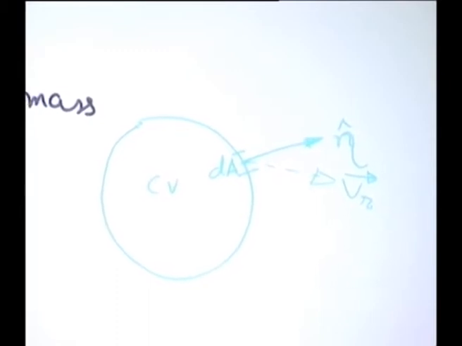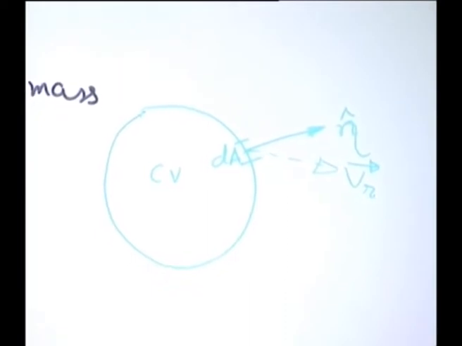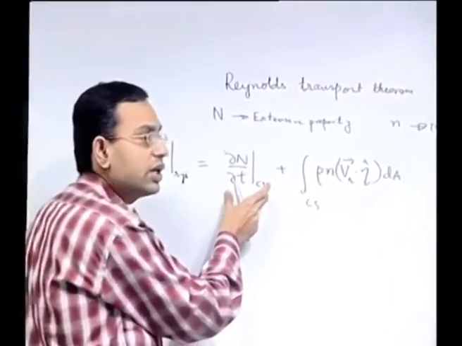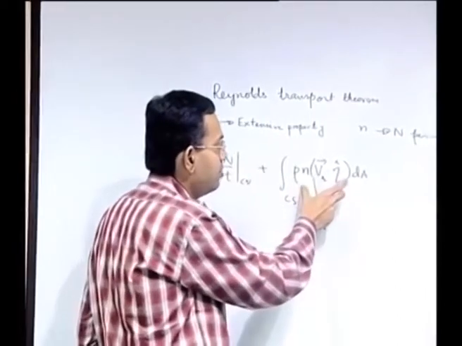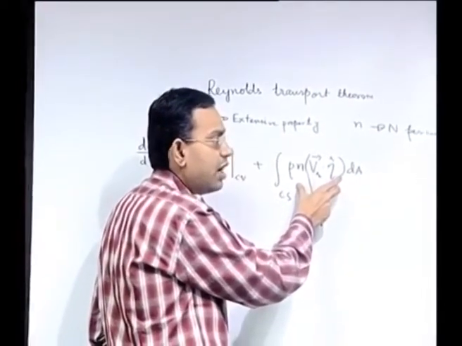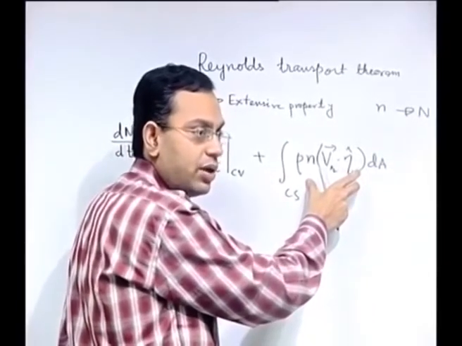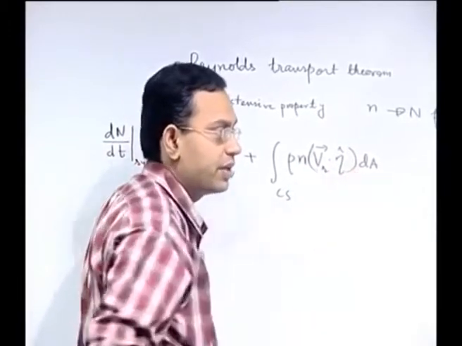So, what these terms essentially mean: this is the total rate of change with respect to a system of something of fixed mass and identity. This is the change relative to the control volume, and they are not the same, and they are adjusted by a term which represents the balance of outflow and inflow across a system boundary, or across a control surface, to be more specific.